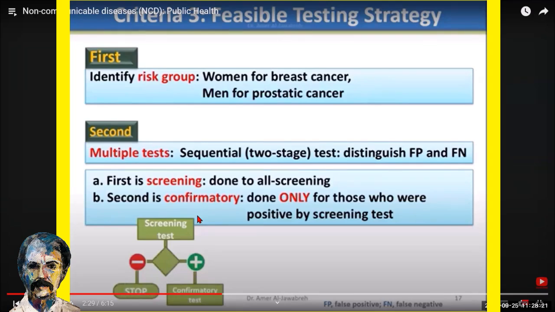Like if you suspect diabetes in a patient, you do FBS, fasting blood sugar, maybe 1, 2, 3 times on different occasions, today, then after 2, 3 days, and next week. If you still get above 110, then you go for confirmatory. That's the idea.